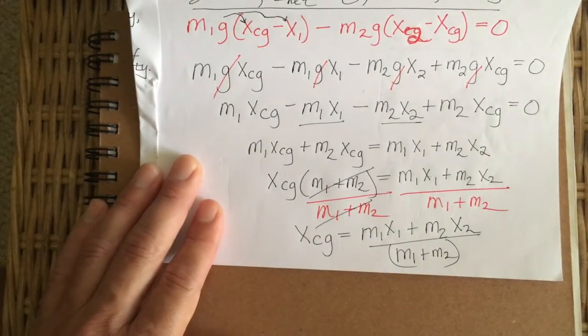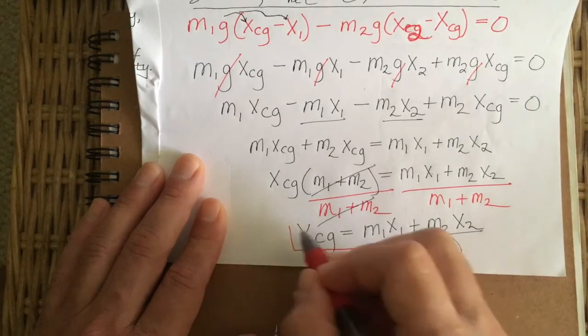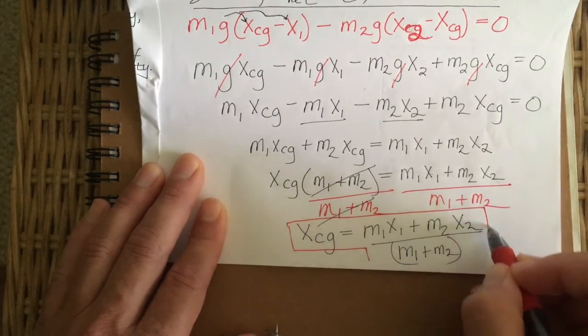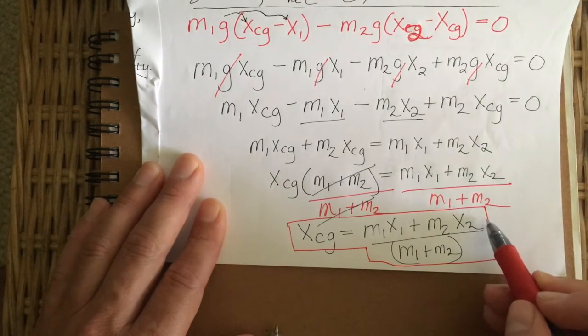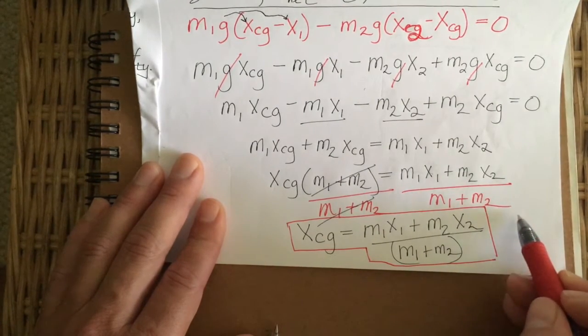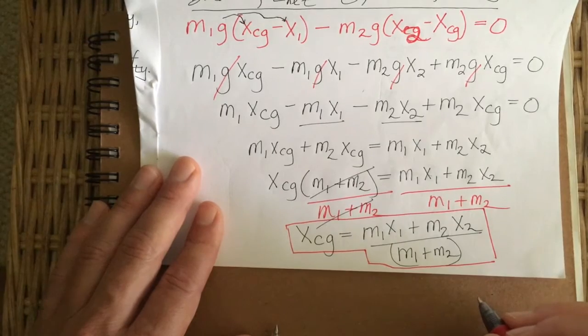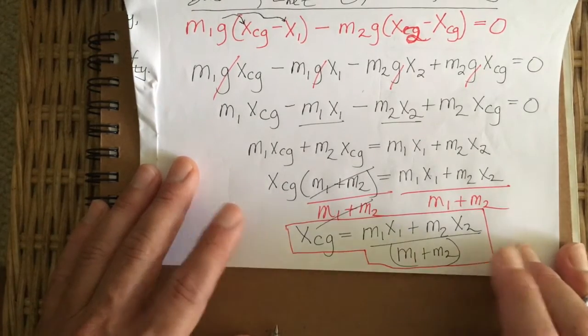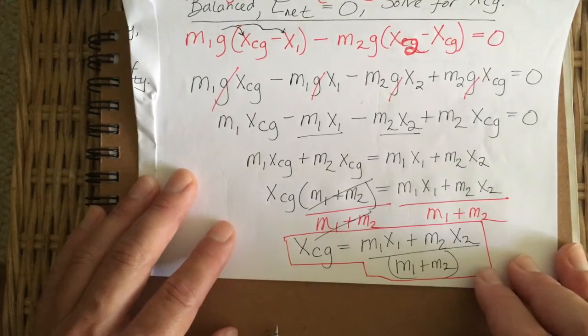This is a nice equation because what you can see here is that it would be valid if, say, you had 3 masses, right? If you had a third mass, you would just have plus m3 x3 divided by m1 plus m2 plus m3, right? You could just add another term in there. So you can very easily solve with an additional mass.